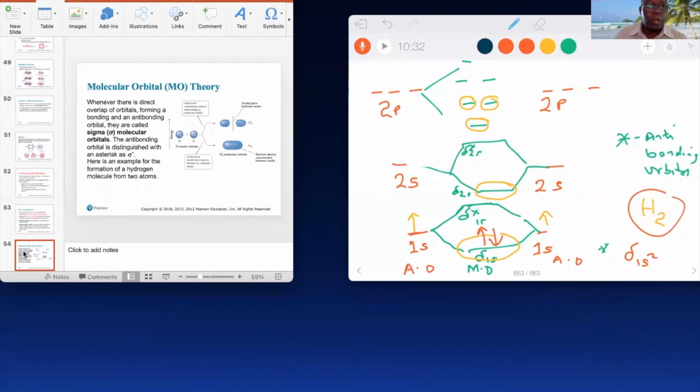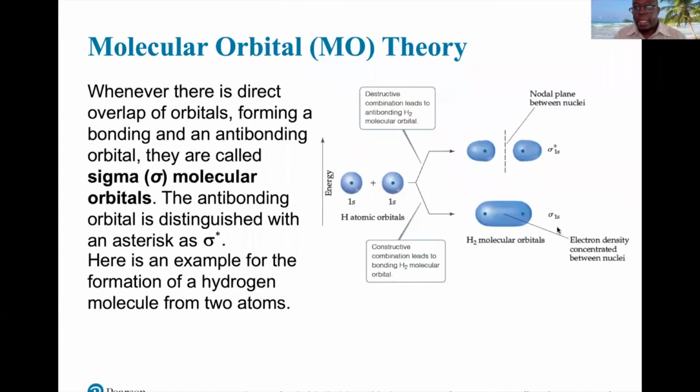Or I've just summarized here that if you have 1s, this is where we have the sigma 1s. Let me blow this up so that you can see the sigma 1s. Sigma star 1s, the star here stands for antibonding, and electrons occupy what?